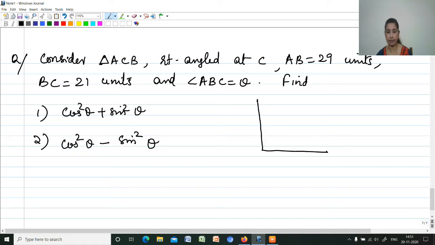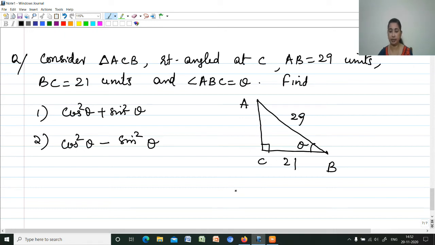It's given that it is right angled at C. So this angle is 90 degree and AB is 29 units, BC is 21 units, and angle ABC is theta. We have to find cos square theta plus sin square theta. So for that, in order to get sin theta, we need this opposite side.